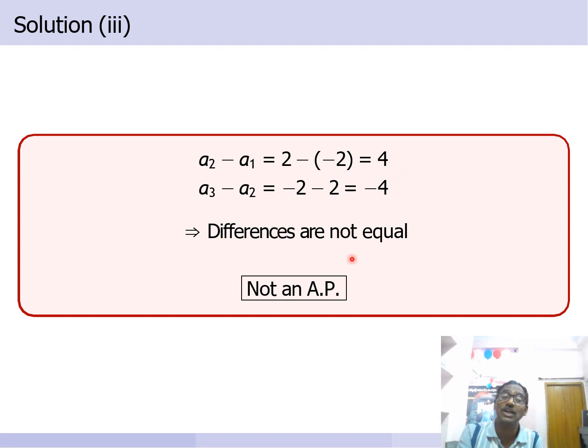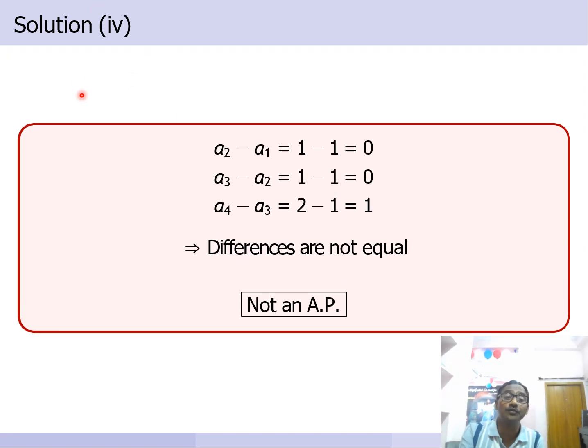Therefore differences are not equal. So a2 minus a1 is 4, a3 minus a2 is -4, these two are not equal. If these are not equal, the common difference is not there. A fixed number you are not adding, a fixed number you are not subtracting. So this is not an AP, this is not an arithmetic progression.